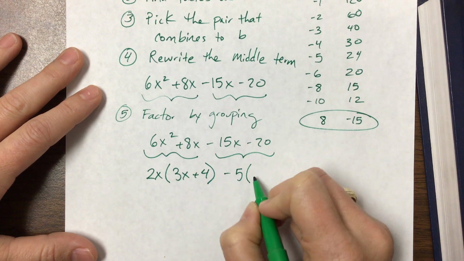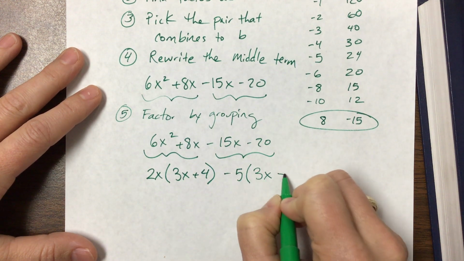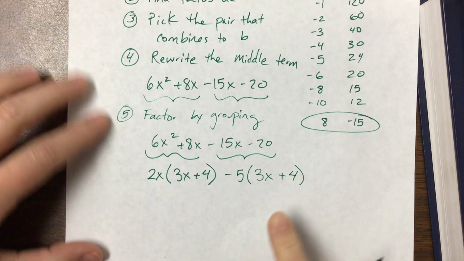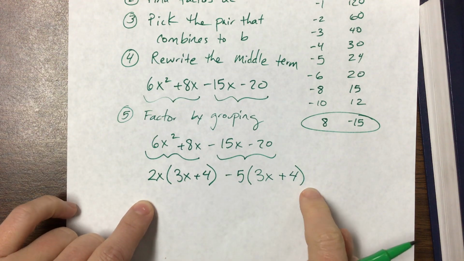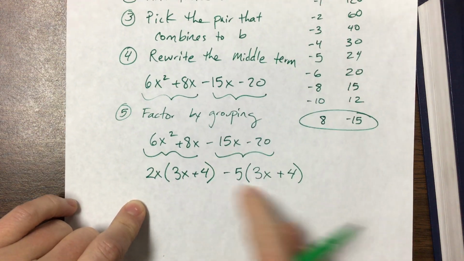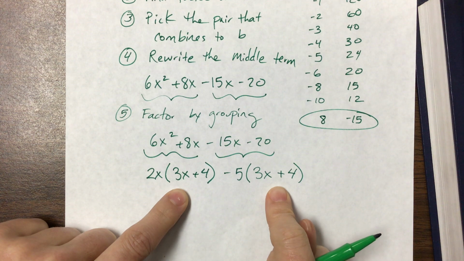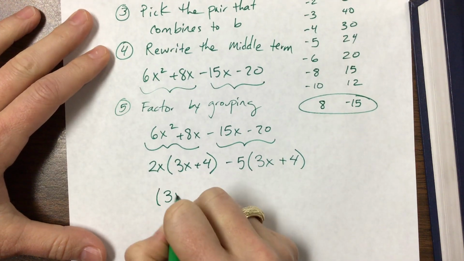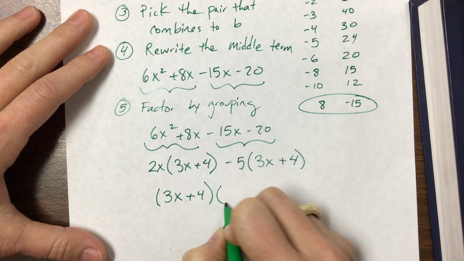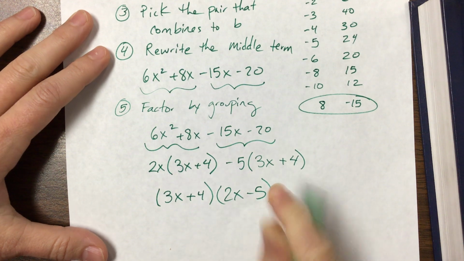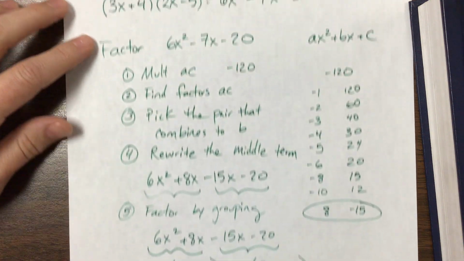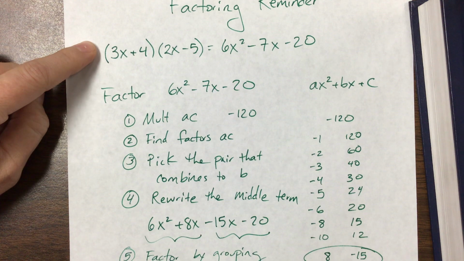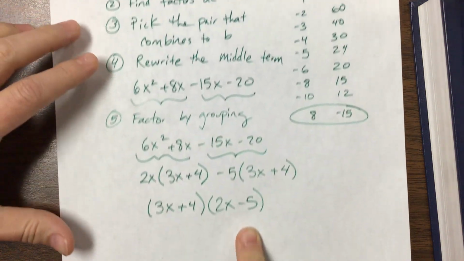So negative 5 times 3x plus 4. Notice now both of these terms have a 3x plus 4. So I'm going to factor it out: 3x plus 4 times 2x minus 5. And now notice this is exactly the same as what I started with. So this method works all the time, every time.